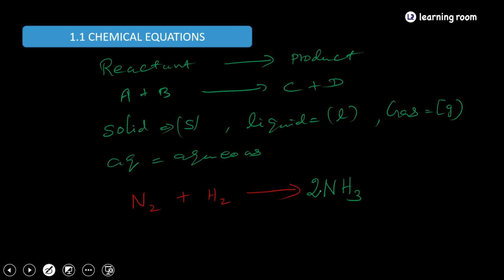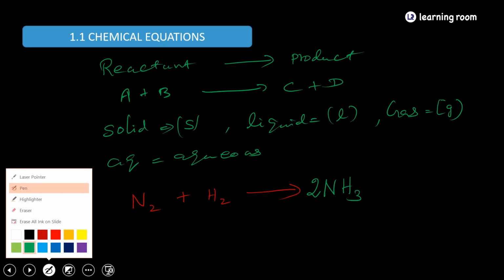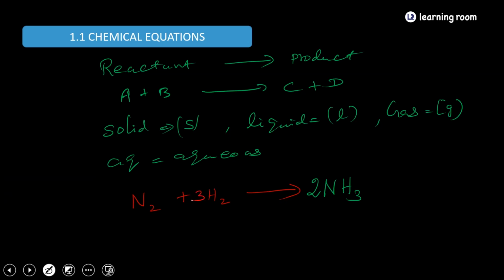So what number if you put there, it will be balanced? Here, look, 2 3s are 6 hydrogen totally. So you have 2 hydrogen, and 6 hydrogen means you need 4 more hydrogen. When you put 3, 3 2s are 6. Very good. So if you put 3, it will be balanced.